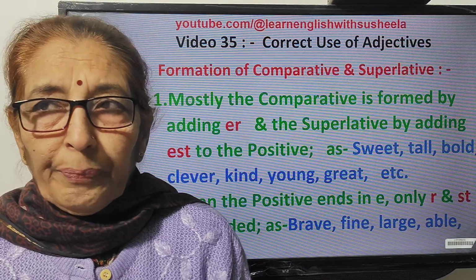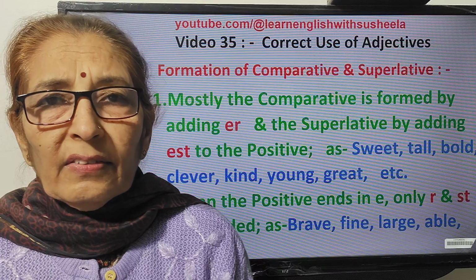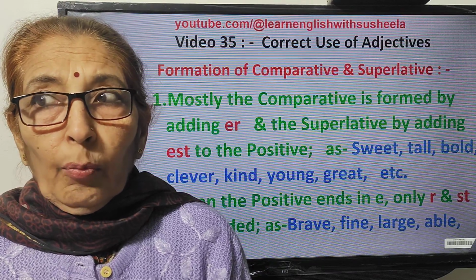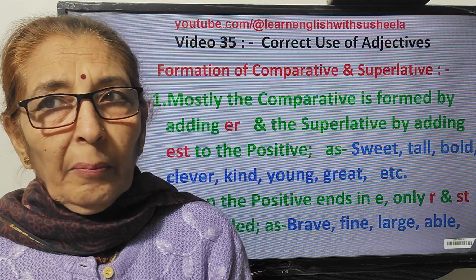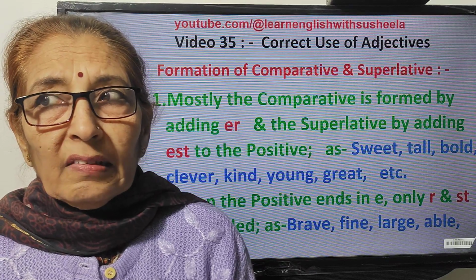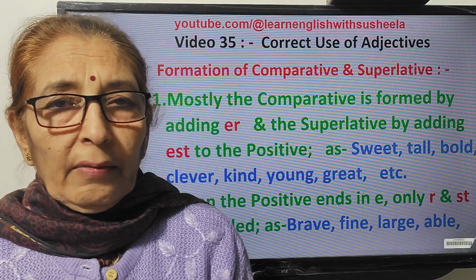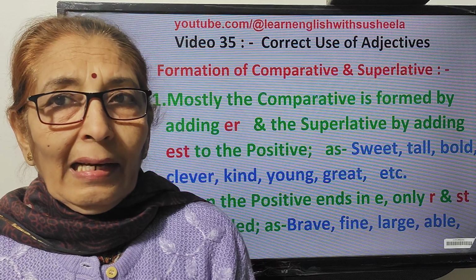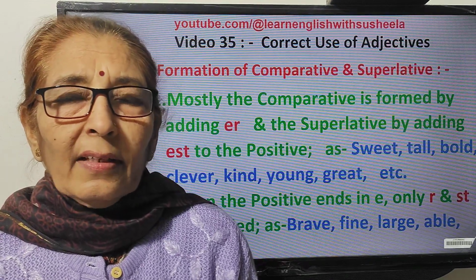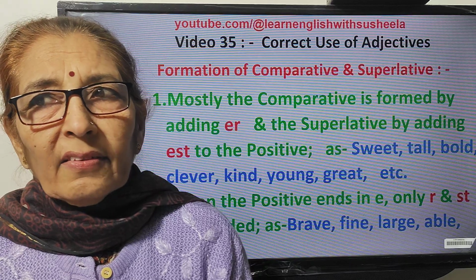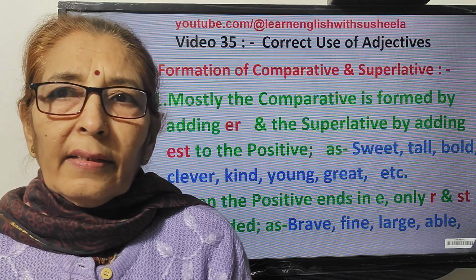And tallest, where we have used est, that is the superlative degree. Bold is positive, if we use er, bolder, that is comparative. And if we use est, that will be boldest, superlative. In the same way, clever, cleverer, cleverest. Kind, kinder, kindest. Young, younger, youngest. Great, greater, greatest.